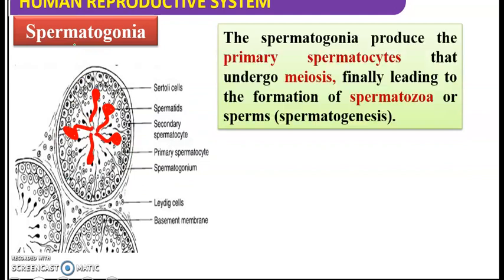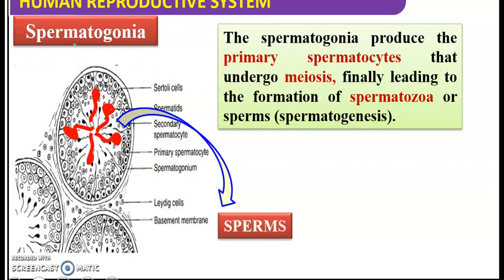Now, what are these spermatogonial cells? Spermatogonia are the cells that produce the primary spermatocytes and that undergo meiosis, finally leading to the formation of spermatozoa or sperms. Now let us understand this process clearly. When the fetus is in the embryo stage, due to the chromosomal constituency, it is already predestined to be a male child. Then there are cells forming here called the primordial germ cells.